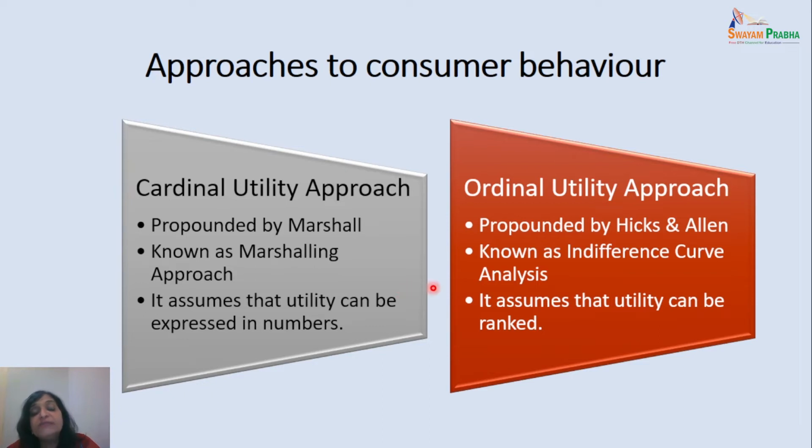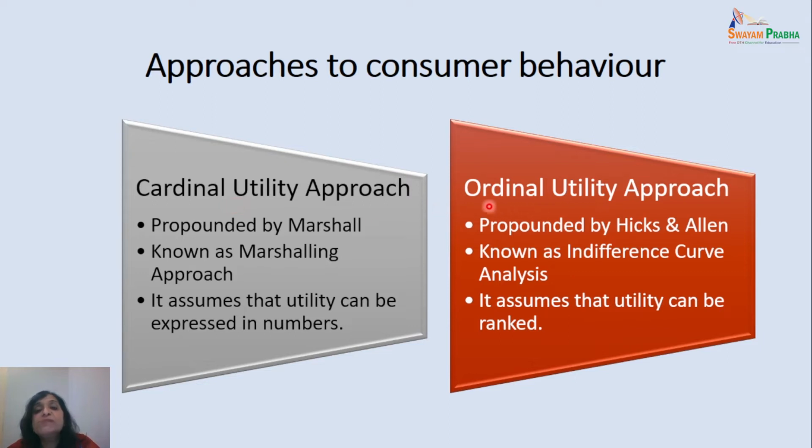They are deriving the consumer equilibrium, but the methodology is different. Cardinal says that you can express your utility in numbers, whereas ordinal says that utility can only be ranked. When we talk about the cardinal utility approach, we will be talking about the law of diminishing marginal utility and the law of equi-marginal utility.